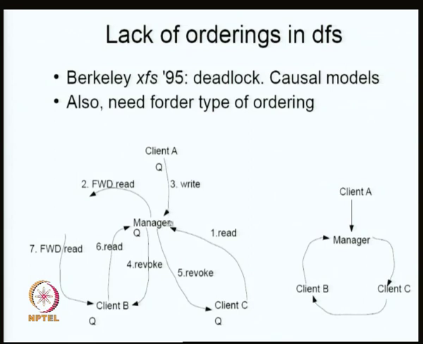Now this manager, seeing that 3 has made a request for write, knows that somebody has got it, but it does not know who, it could either be B or C. It generally sends a revoke to everybody other than the party who requested it. So it is sending a revoke to everybody. Of course 5, this revoke coming to C, it drops it because it knows it does not have it.